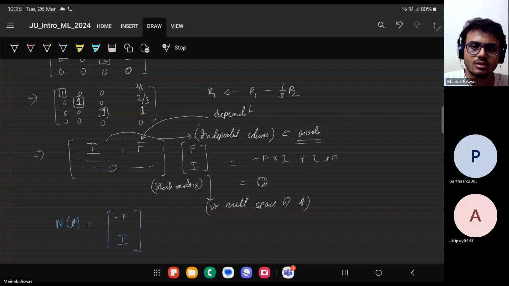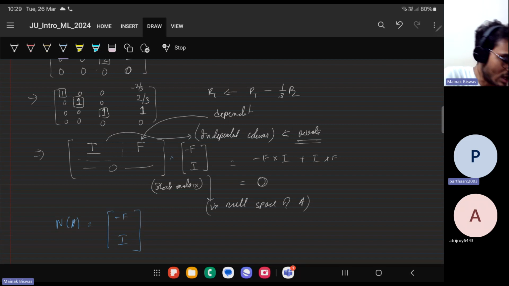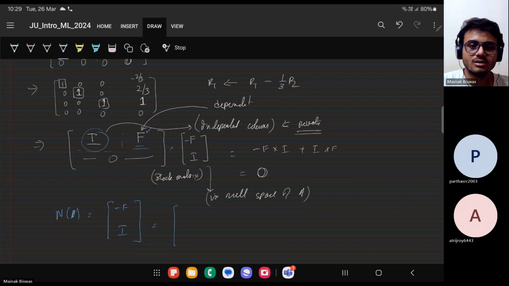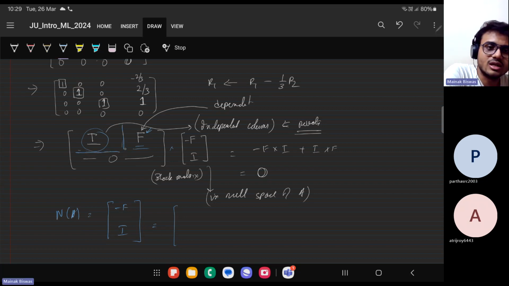Now wherever there is f, put in the identity place the values of f, and in the f's place, put the identity. Can you please put it once and show? What is the dimension of I? Here in this case, 3 cross 3, right?